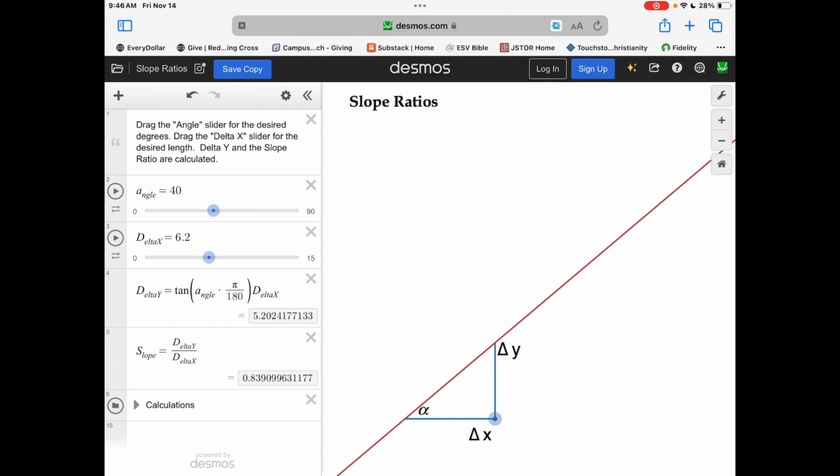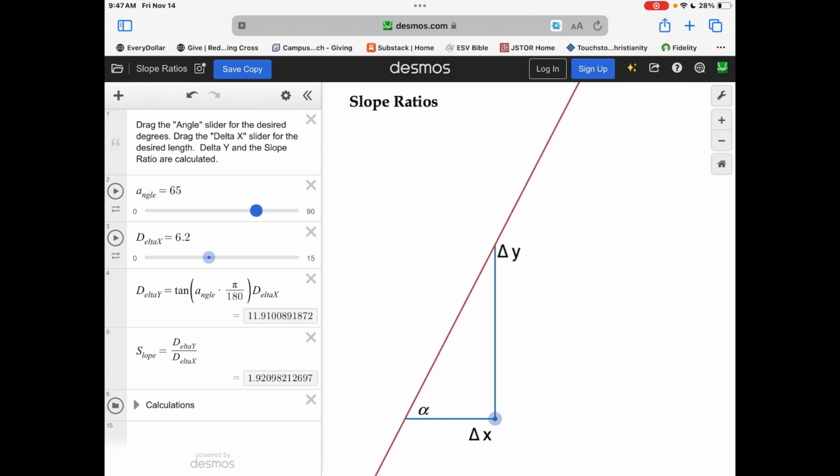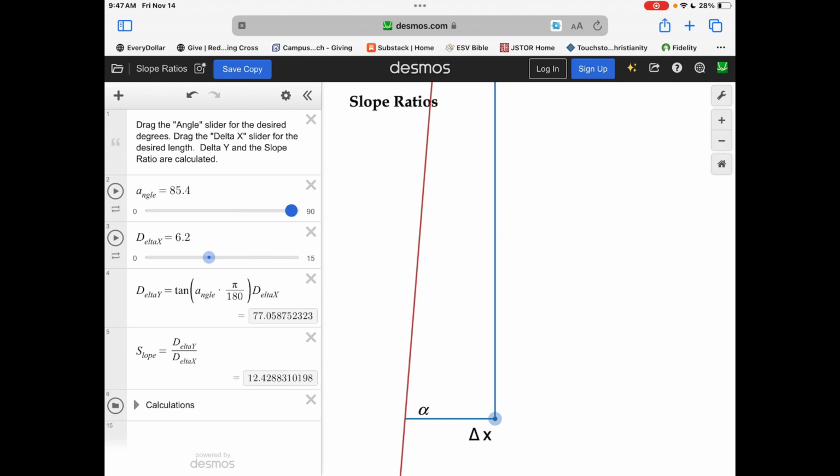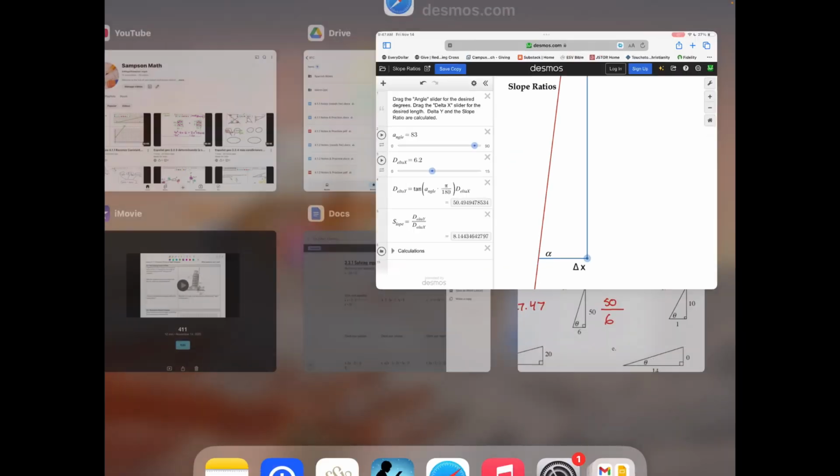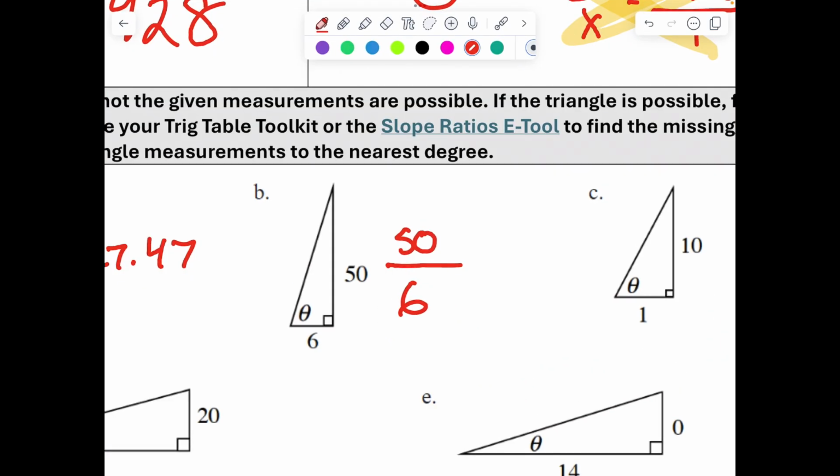We'll have to move around our angle until we get that to be 50 for the change in y. Let's see if I can get a little closer to 50 here. Looks like that's the closest that'll let me get. But that's about an 83-degree angle, okay? Since we're not exactly at 50. So that theta is going to be roughly 83 degrees.